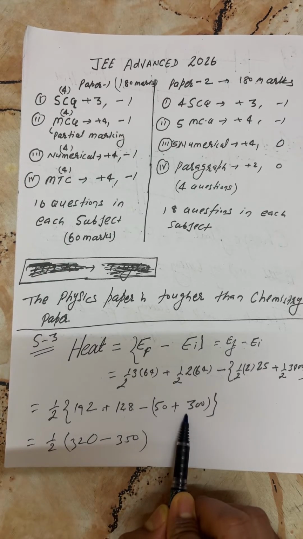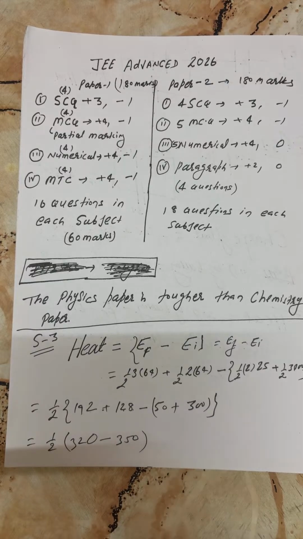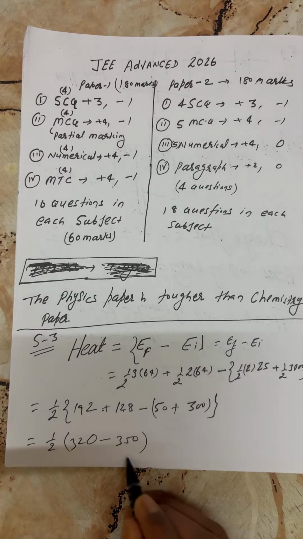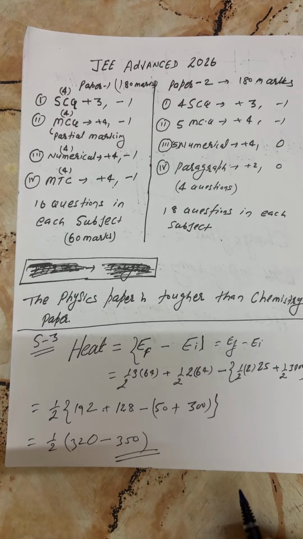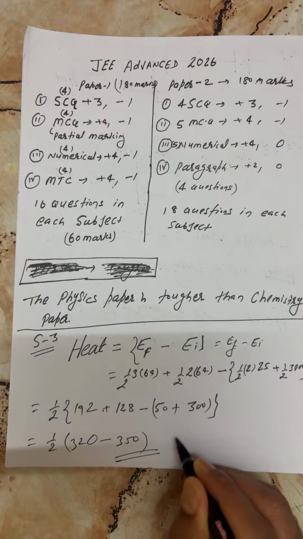This is 350. Heat must not be negative here. There is definitely some wrong approach. Everything is fine. Data is correct only. Yeah, I'm not able to find it here, but there is some mistake. Heat can never be negative.